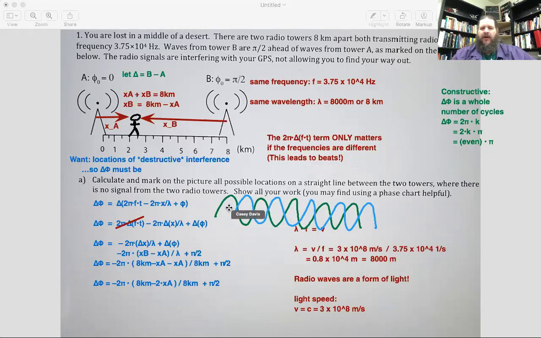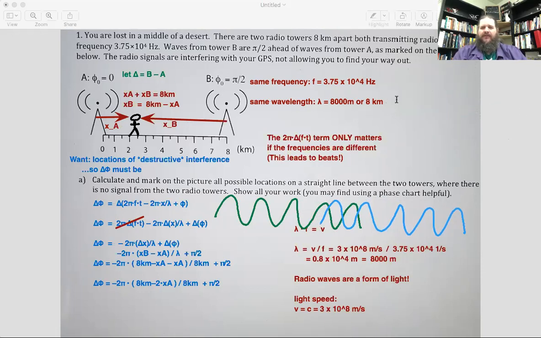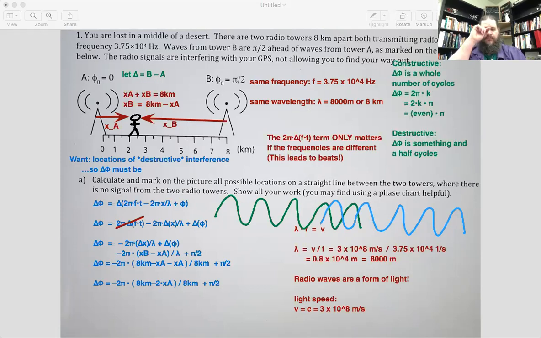So in general, if the difference in phase is half a cycle, or 1.5 cycles, or 2.5 cycles, or 3.5 cycles, anytime it's something and a half cycles, then that's going to be destructive interference. So destructive is when delta phase total is something and a half cycles. So not a whole number, but exactly something and a half.